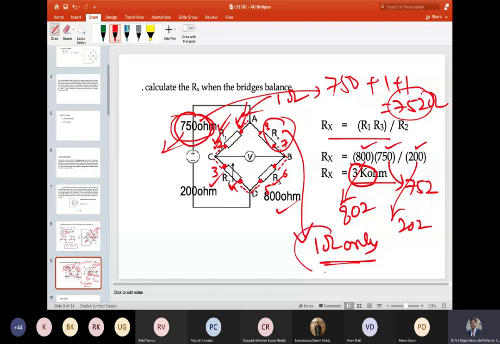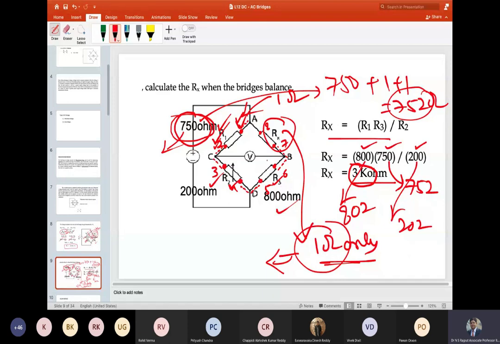How will you measure the value of an unknown resistor? By using a Wheatstone bridge. Because in a Wheatstone bridge, if these values are high or moderate, in the mid-range, kilo ohms kind of, then this is all right.